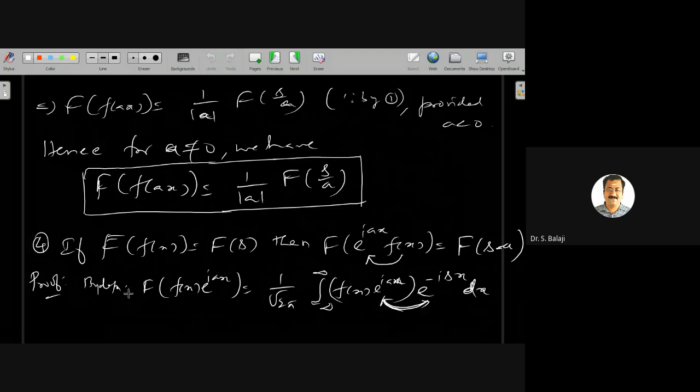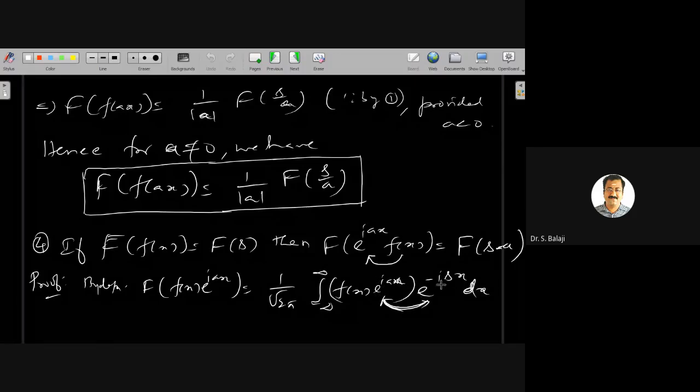The fourth property that I have shown on the screen, I think you can try yourself. If the Fourier transform of f of x is F of s, then the Fourier transform of e power iax f of x is F of s minus a. The proof is just two lines. Instead of f of x, here the exponential e power iax is multiplied.